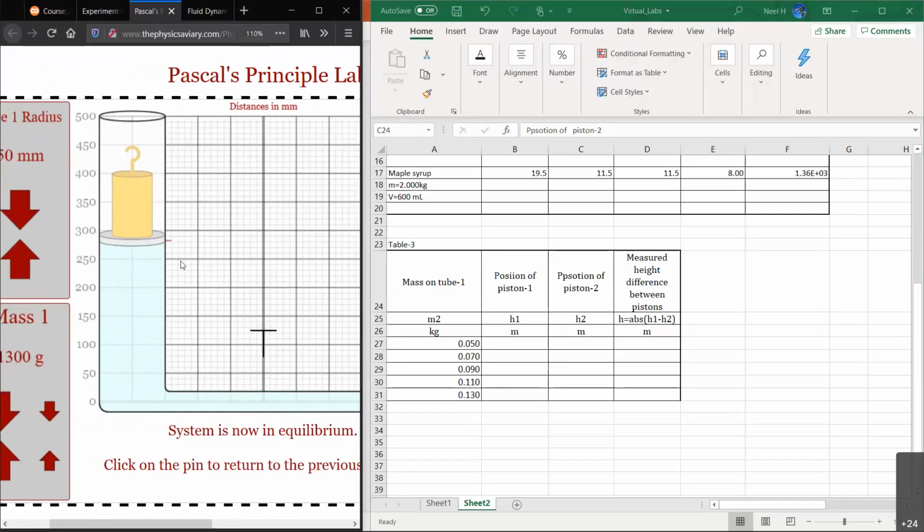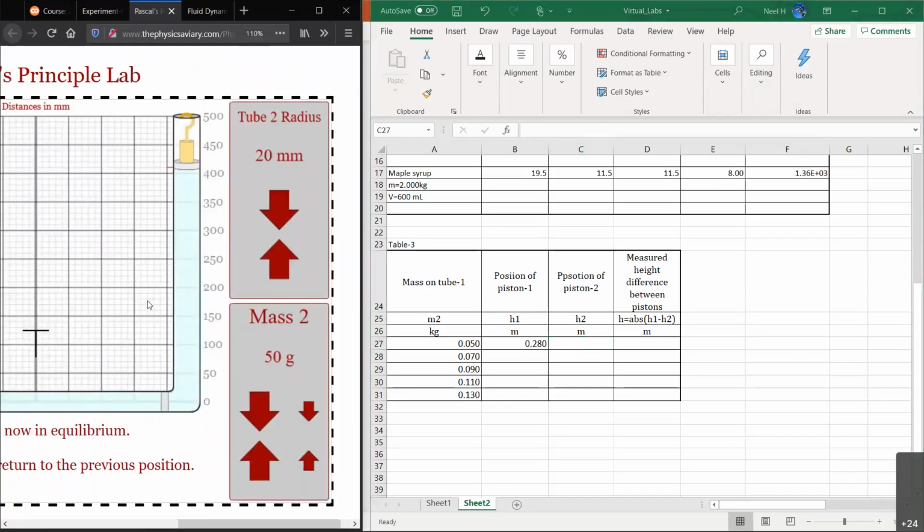So this number H1 right here, which means 250, 260, 270, 280, it's a little bit above the 80, but I can't read that as 285. I'm going to leave it like that, 280 millimeters, but I need it in meters, which means 0.280. I need at least 3 significant figures here to represent the numbers I read correctly. The position of the M2 is at 400, 410, so 0.410. Good, 3 sig figs. Then the difference, equal sign, absolute value, parentheses.